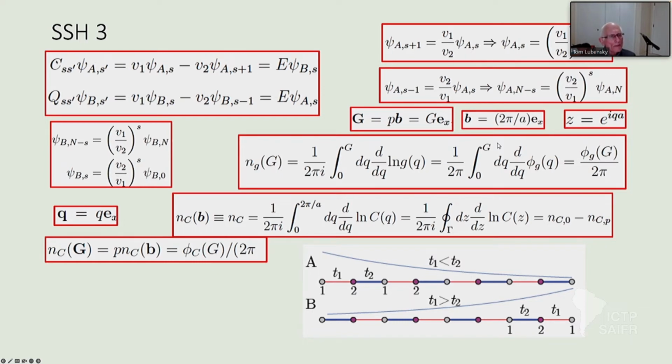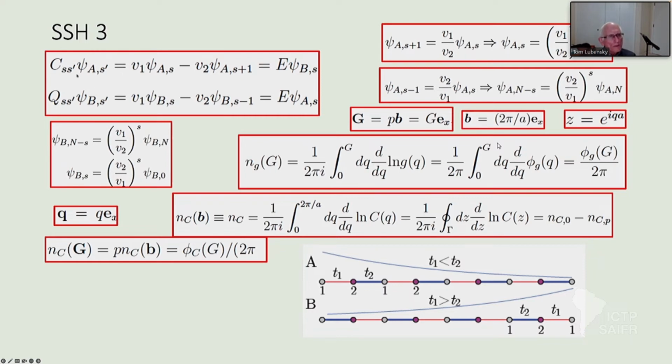And notice that this comes from differentiating with respect to the B site. When you differentiate with respect to the B site, you get the two A sites that are connected to it. And this is equal to E times psi B, because that's how I calculated things.